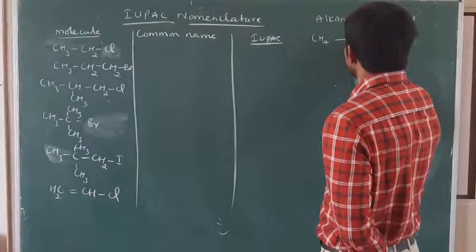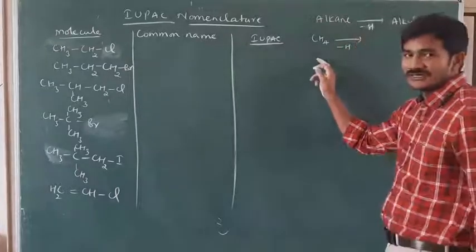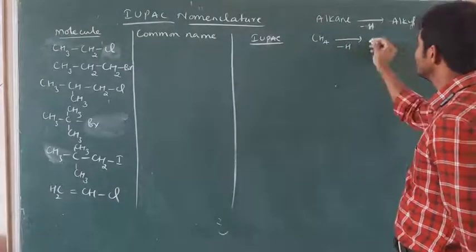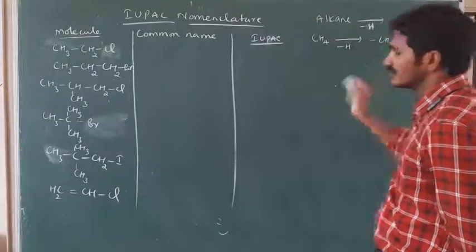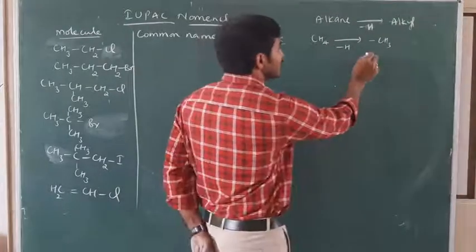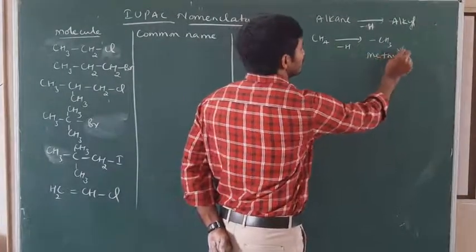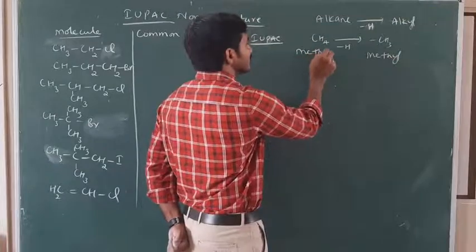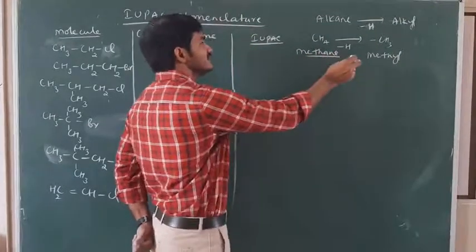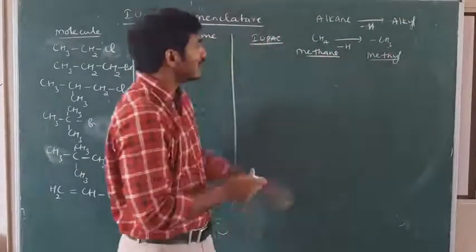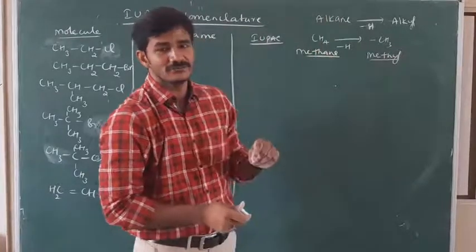CH4, after removing one hydrogen, what do we write? CH3. This CH3 is called methyl. This is methane, this is methyl. Alkane is CnH2n+2.